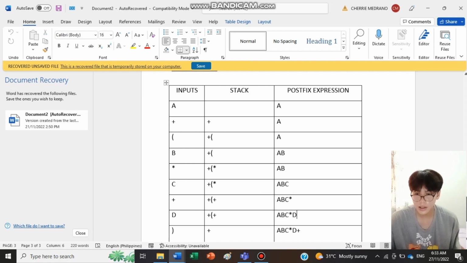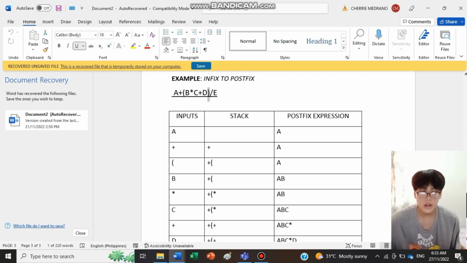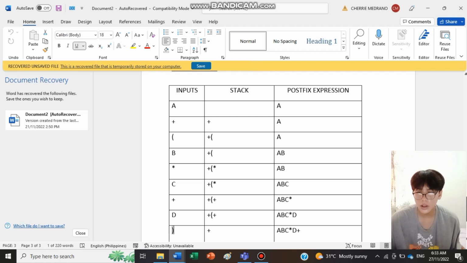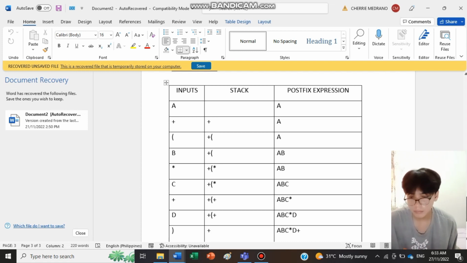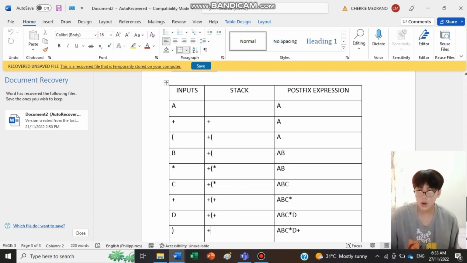Next after D is the close parentheses. Since it's an operator, we're going to push it into our stack column. But there's a big but. As you can see here, the open parentheses and the plus operator disappeared from the stack column. If we had placed it in our stack column, it would look like plus, parentheses, plus, and then we insert the closing parenthesis.